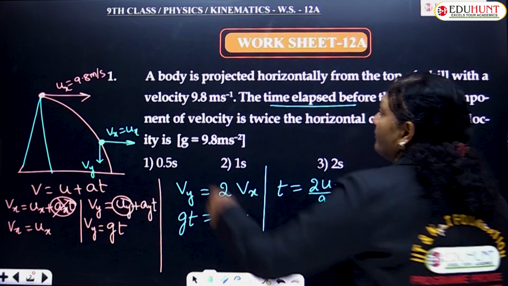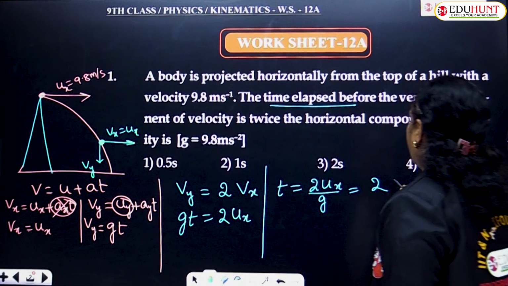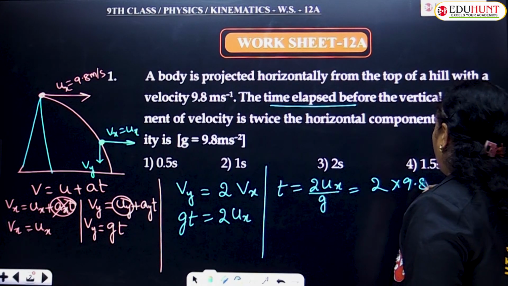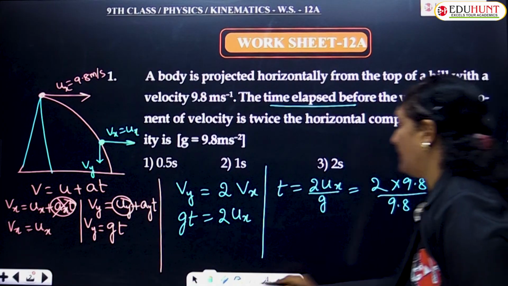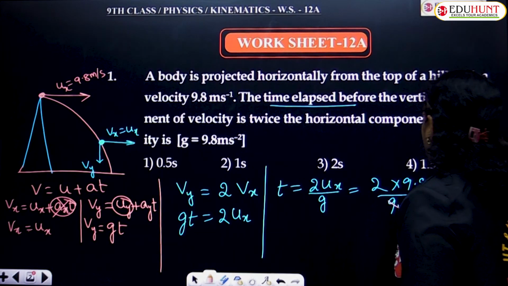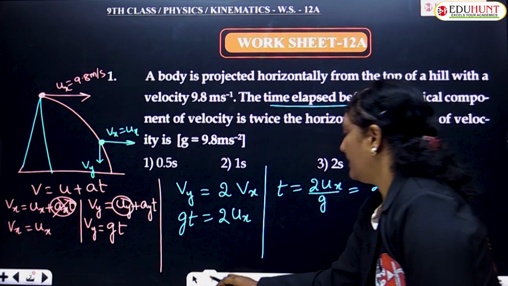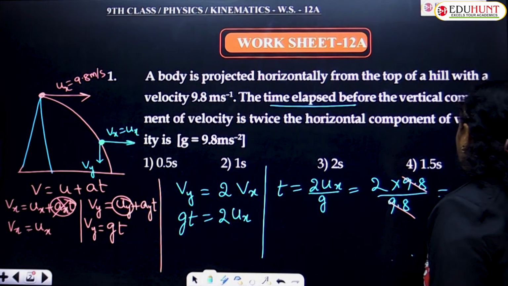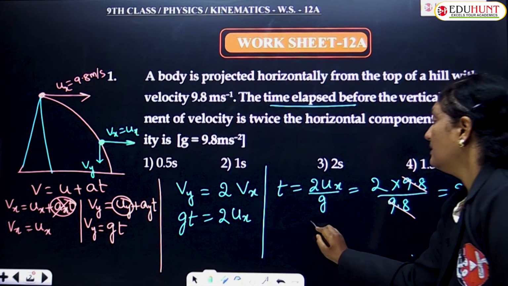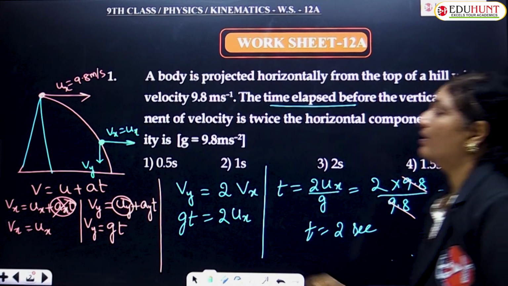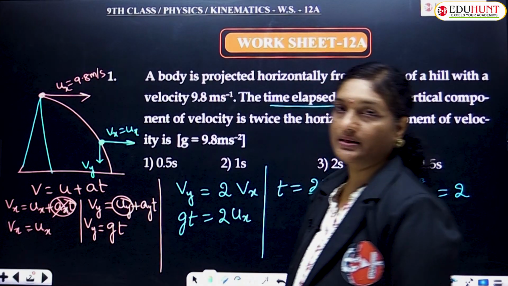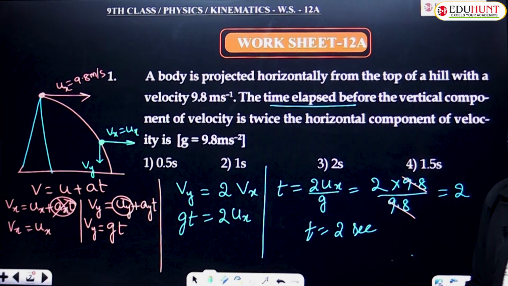What is the value of Ux, children? Given as 9.8. So 2 into 9.8 upon the value of g, which must be taken as 9.8 itself. Now this 9.8 and 9.8 get cancelled, and you are left with 2. Hence, the time elapsed such that the vertical velocity becomes twice the horizontal velocity will be 2 seconds.